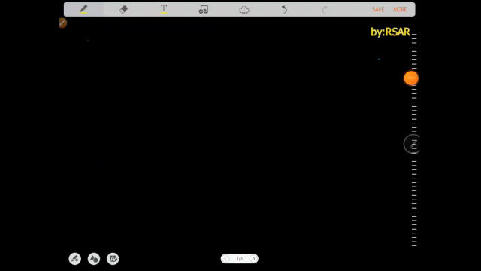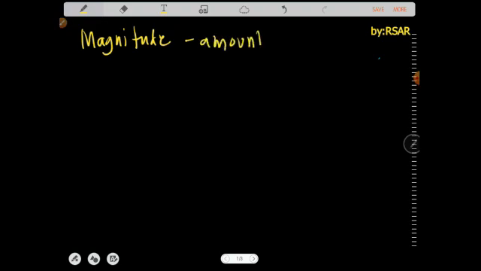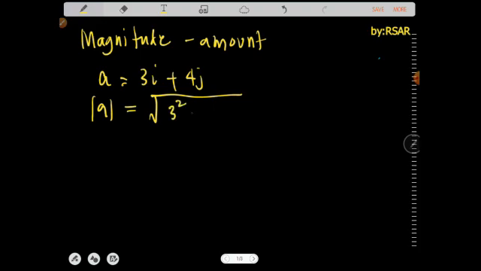Okay, how about magnitude? What do we call magnitude? Based on our past definitions, it is just the amount. Say, for instance, we have vector A that is 3i plus 4j. The magnitude of A is equal to the square root of 3 squared plus 4 squared.